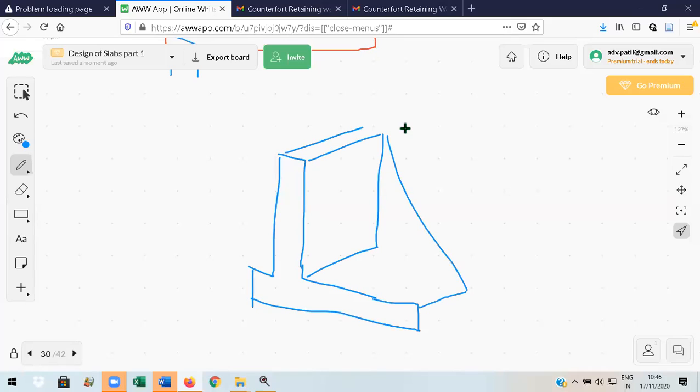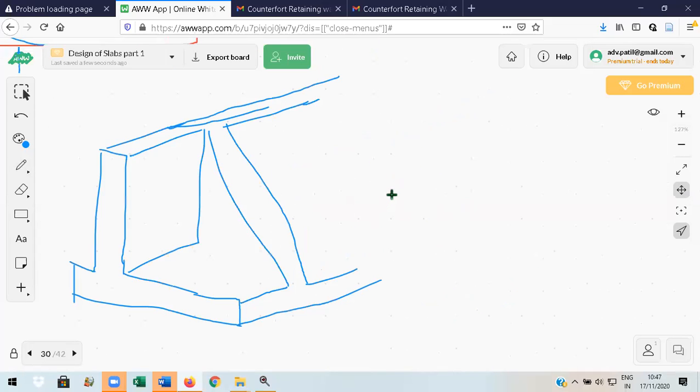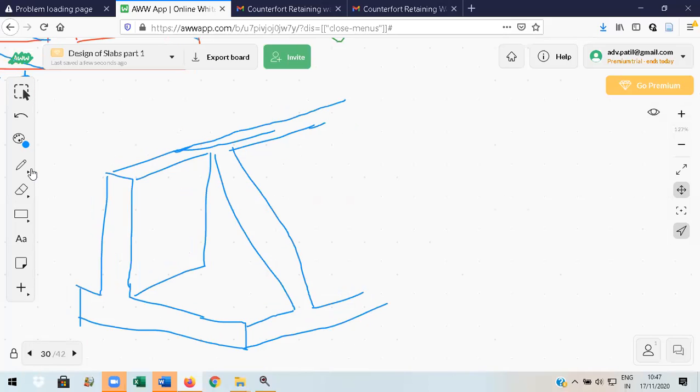So this is your counterfort. It is nothing, it is actually a T-beam. Counterfort is nothing but a T-beam. How it is a T-beam, I will show you later on. It goes like this, actually. Now I'll draw one more, because I need to draw at least 3 counterforts. Then only it is possible for me to explain how it behaves.